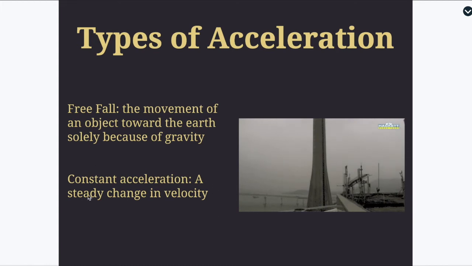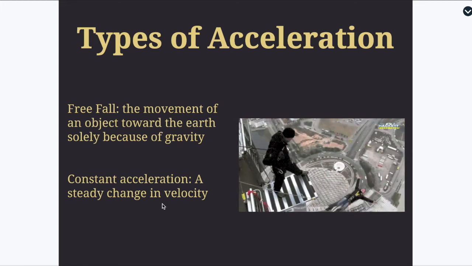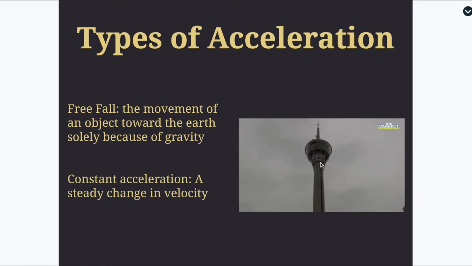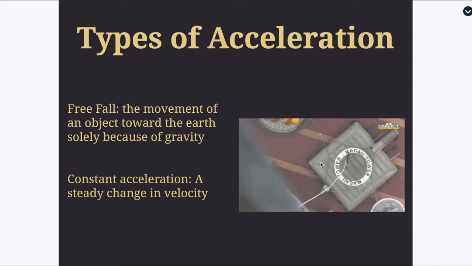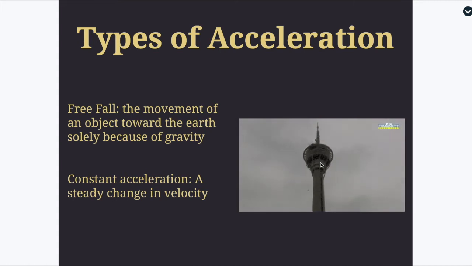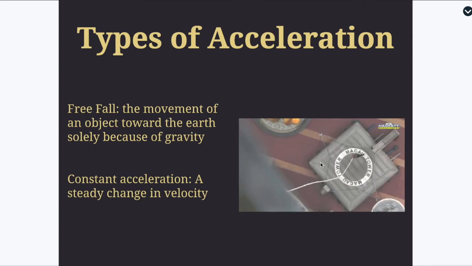Constant acceleration is a steady change in velocity, so your velocity is increasing at a constant rate. Free fall is an example of constant acceleration because the Earth's gravity accelerates an object at 9.8 meters per second squared. Another way to think about constant acceleration: let's say you are at the starting line of a race and you speed up, and every second your speed increases by 1 meter per second.